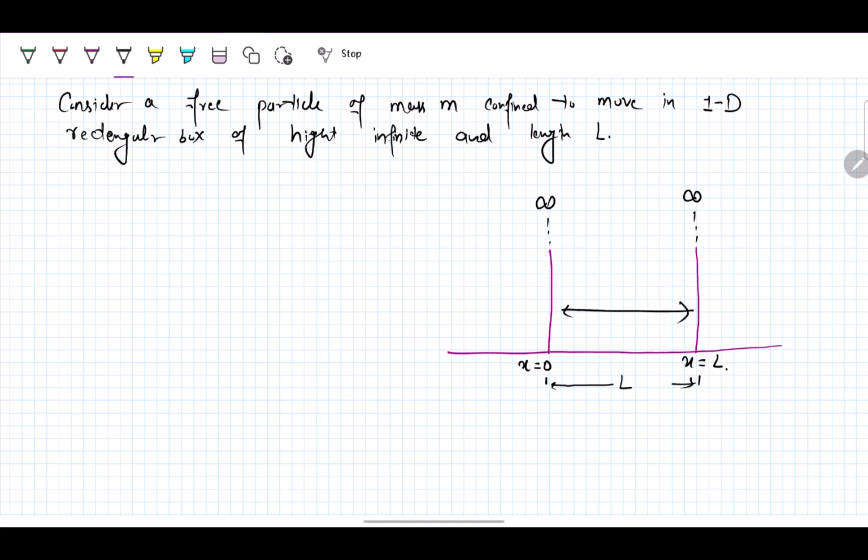All right, now let us consider the walls of this box are rigid, elastic and non-penetrable.